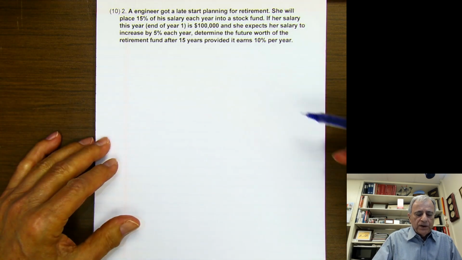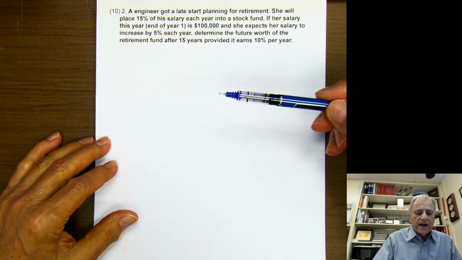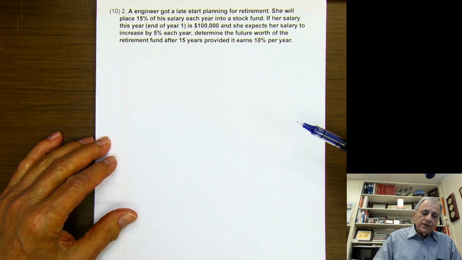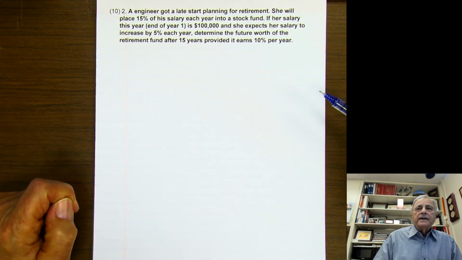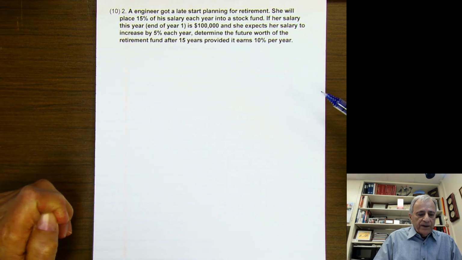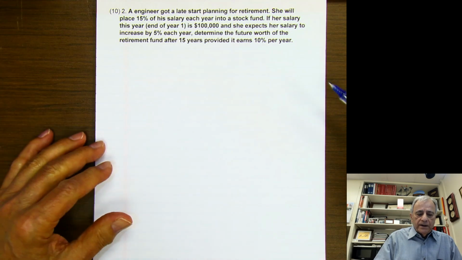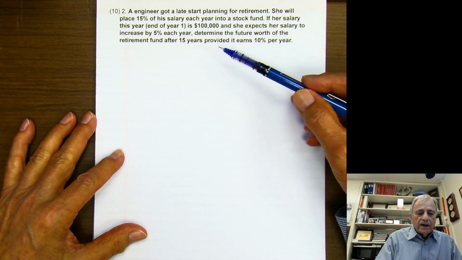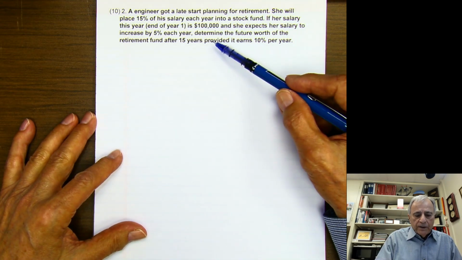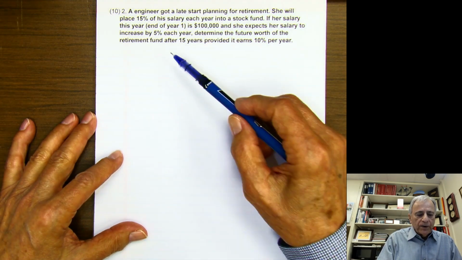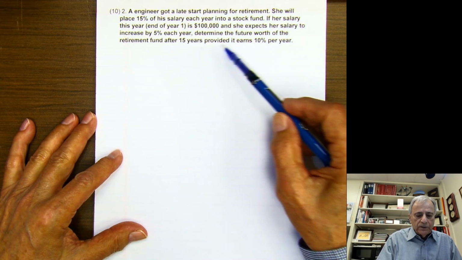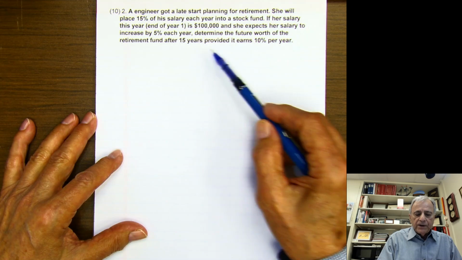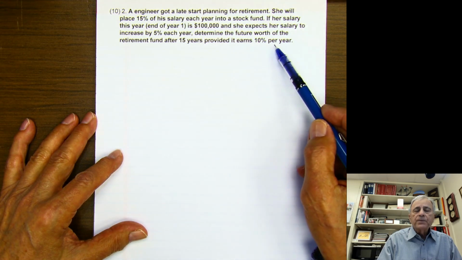So she's always putting in 15% of her salary, but her salary is increasing at 5%. You can see right away that is going to be a geometric series, because it's increasing by a percentage or a fractional amount. Determine the future worth of the retirement fund after 15 years, provided it earns 10% per year.